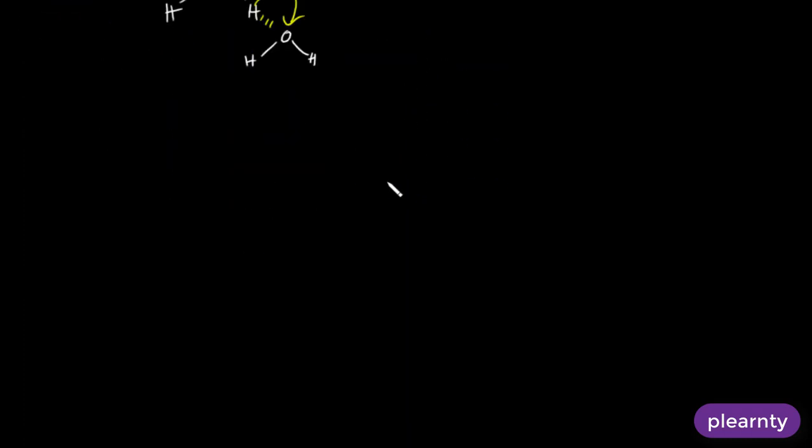When you have a reaction, let's say the reactants are A and B, to give the products C and D in a reversible reaction. There is a point where it reaches equilibrium. When it reaches equilibrium, the number of A and B that will be used up to form C and D will be equal to the number of A and B that will be gotten back from C and D. So at this point, there is no net reaction occurring.